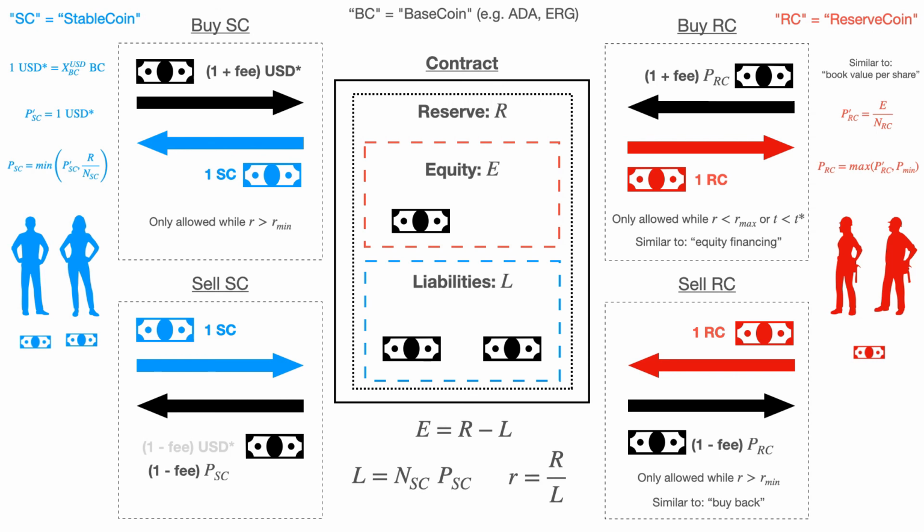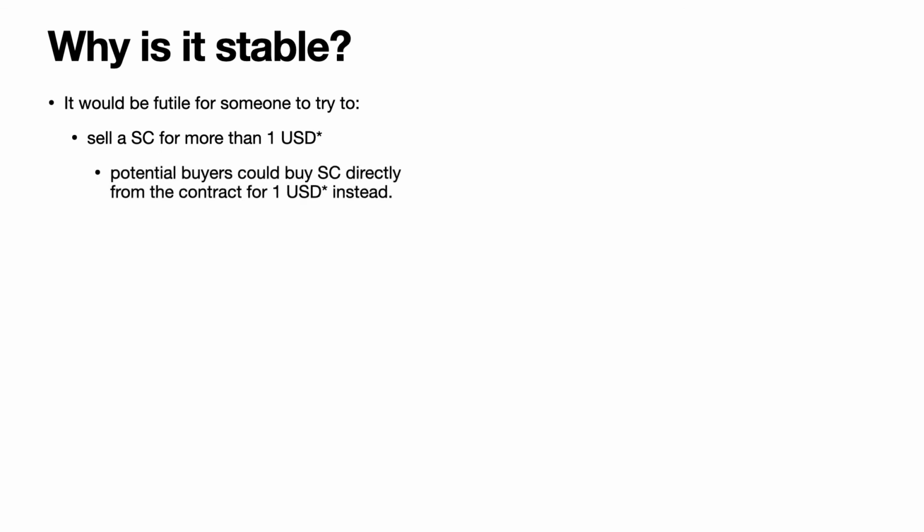Okay, so that's it. The protocol is explained in a single slide. So let's move on to the next slide. Why is this stablecoin stable? Right. It's stable because it would be futile for someone to try to sell a stablecoin for more than $1, because potential buyers could just buy the stablecoin directly from the contract for $1 instead.